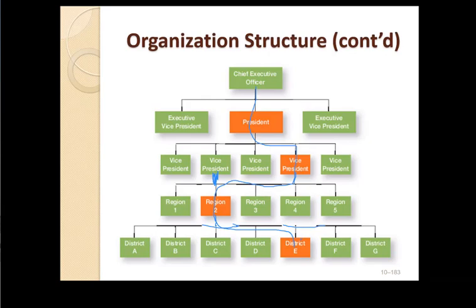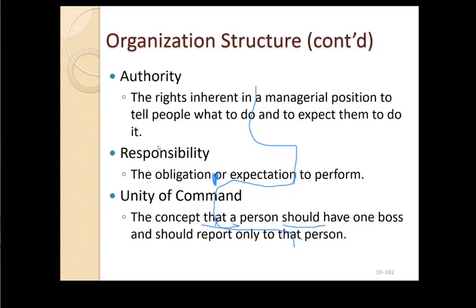And so it's very difficult for the people in this region to make a decision about what to do, who to follow, who should obey. Very difficult for them. So it breaks the rule of unity of command. It's very important that you make sure a person has only one boss and reports only to that person.